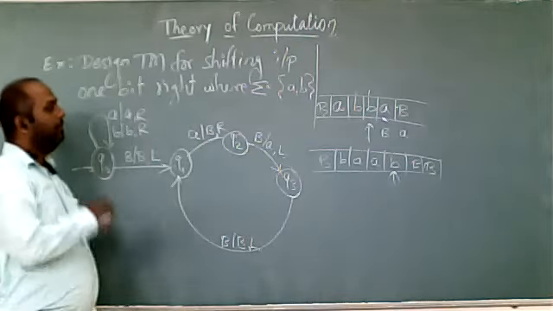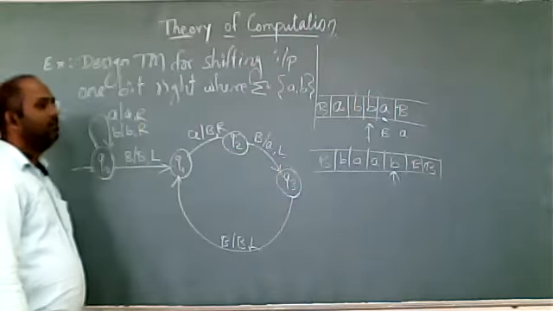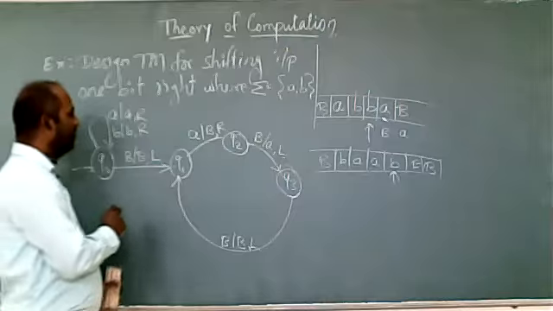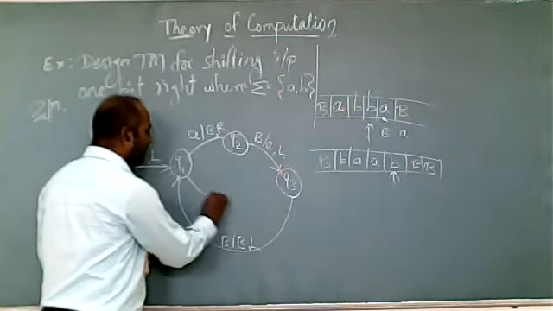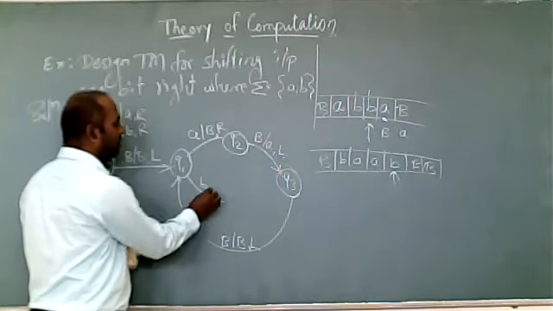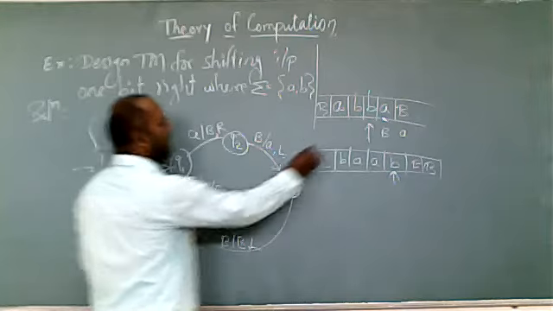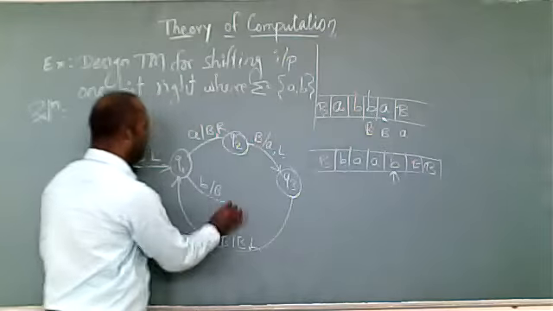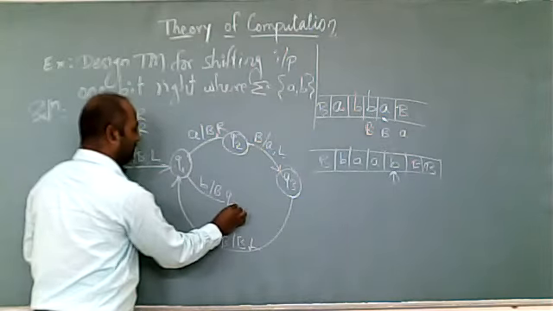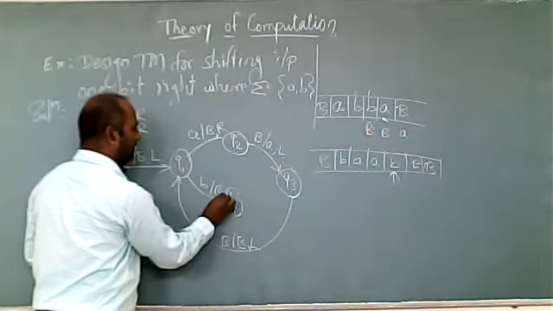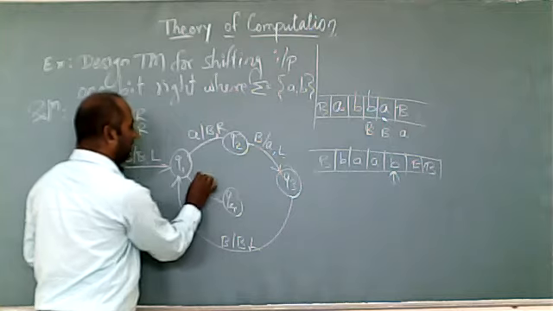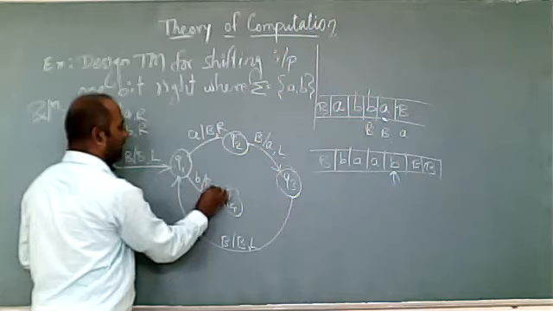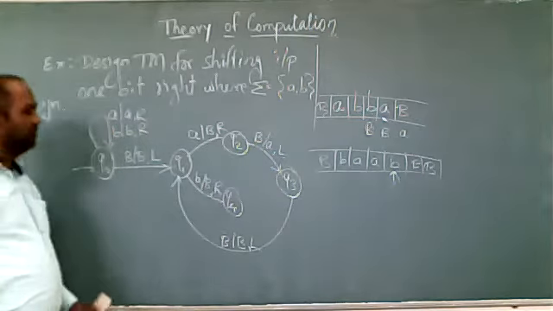Okay. Now what I'm getting here, input is B. So if input is B, we have to shift this B. So this B replaced with blank and right.